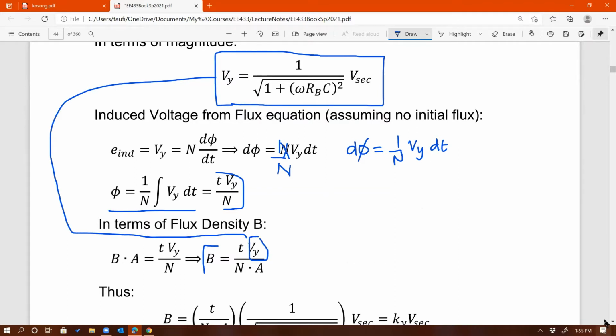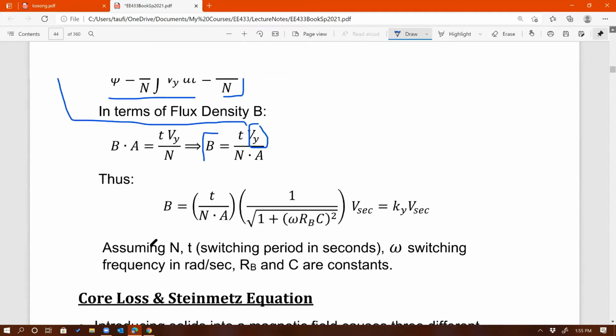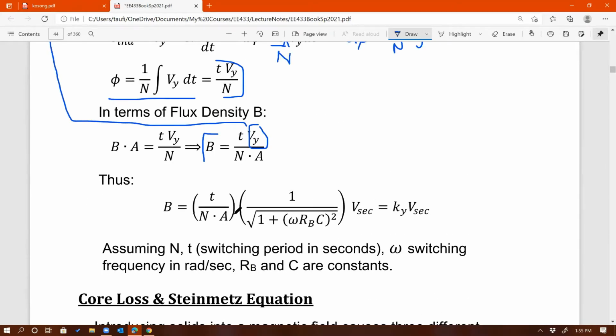Okay. So now I have the complete equation for B, which is equal to T over N times A, times 1 over the square root of 1 plus omega RB C squared. Now, N is the number of turns on the secondary side. A is the cross-sectional area of the core. So these two are constants. And then the square root of 1 plus omega RB C squared: we measure this at a certain frequency.